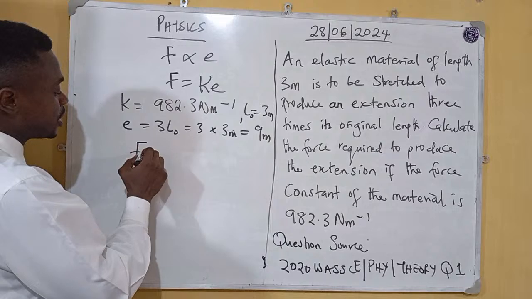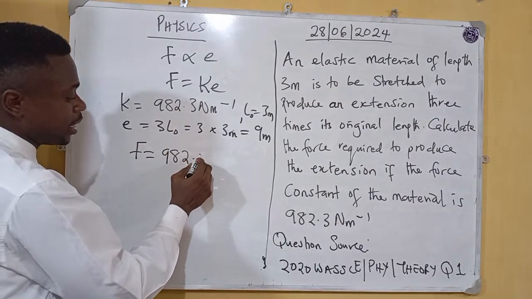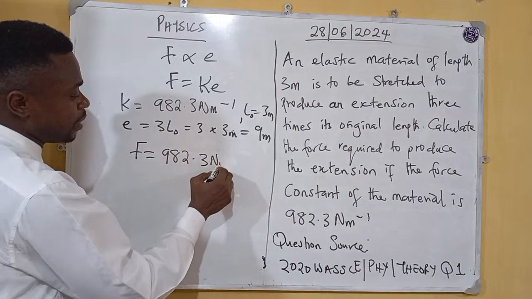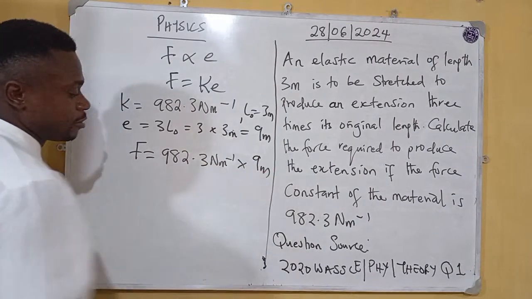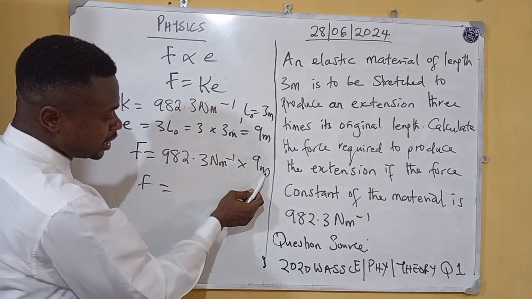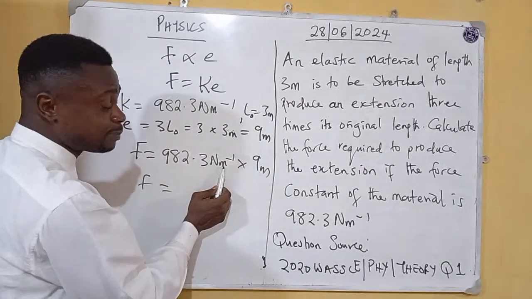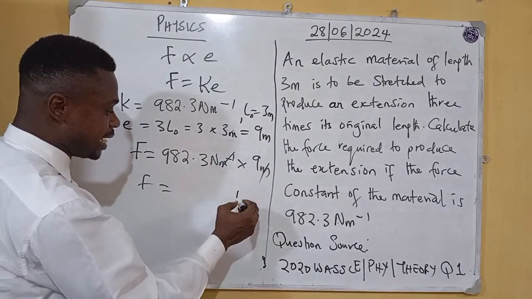So F is equal to the force constant, 982.3 Newton per meter, times the extension, which is 9 meters. Once this meter multiplies this per meter, they will cancel each other, so N will stand out.